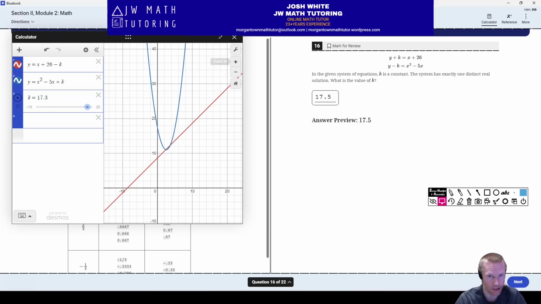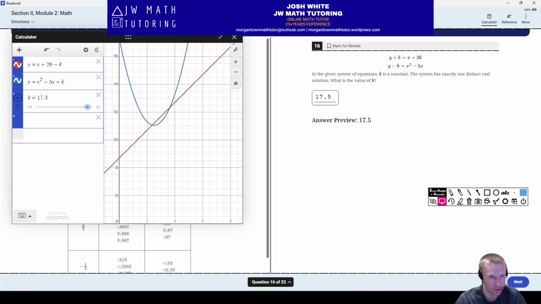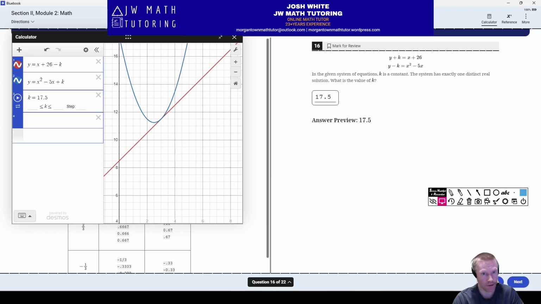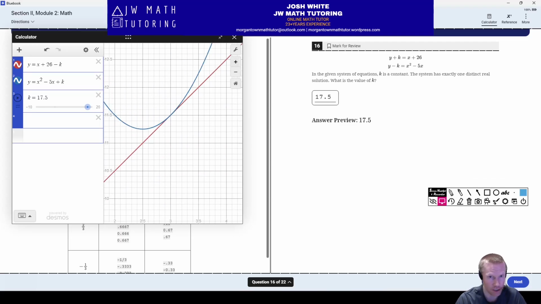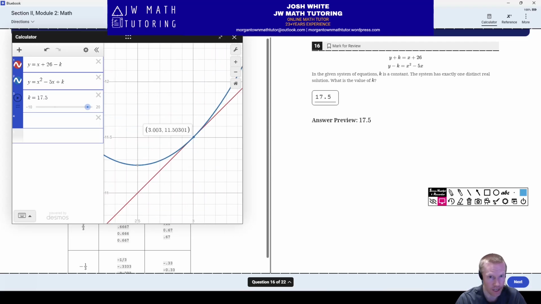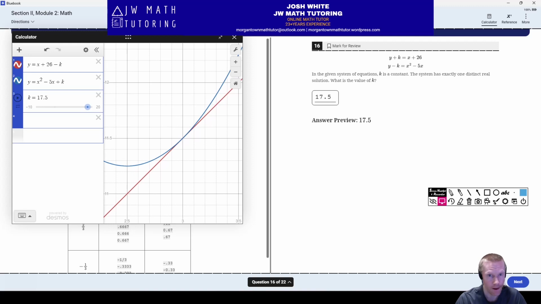So like you can see there's 17.3, there's still two intersections, so it's got to be above that. 17.4, 17.6. So now if you do 17.5, notice there's no actual clickable point here because it's a tangent line. But you can basically zoom in and see that it's just touching at this one value here. Essentially it's 3 comma 11.5.